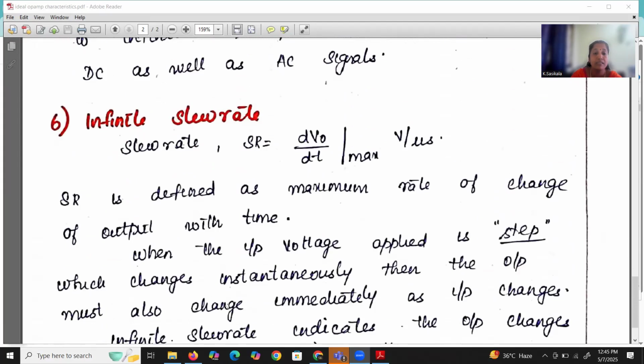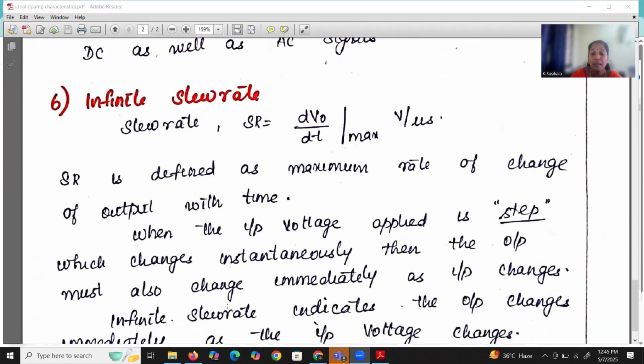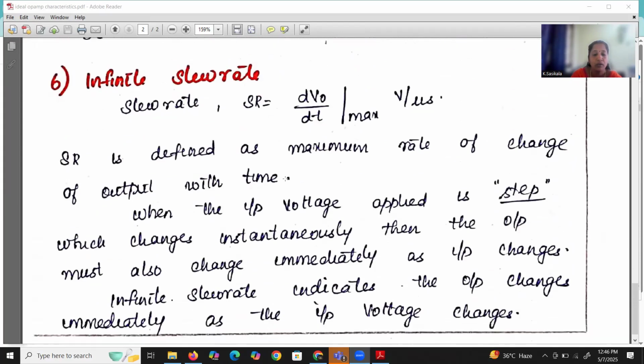The next one is the infinite slew rate. Slew rate is the maximum rate of change of output with respect to time, that is dV0 by dt. That is, when the input voltage is changing, the output should also change immediately.